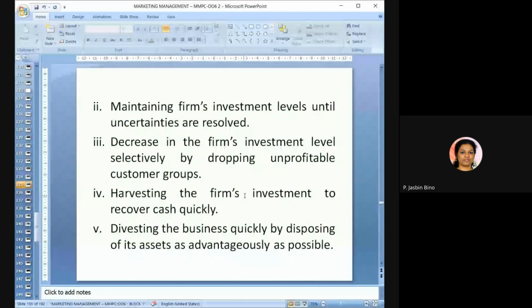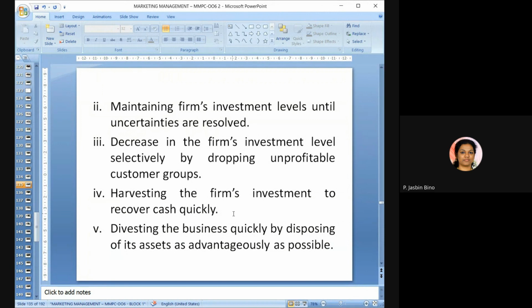Whatever we have invested in that particular product, we have to harvest as soon as possible to recover the cash. We shouldn't wait till the last and should study the market properly. If we wait till the last, the company can go into a loss due to that product.